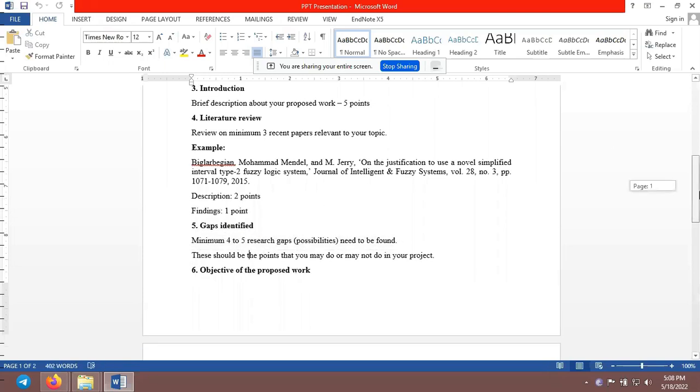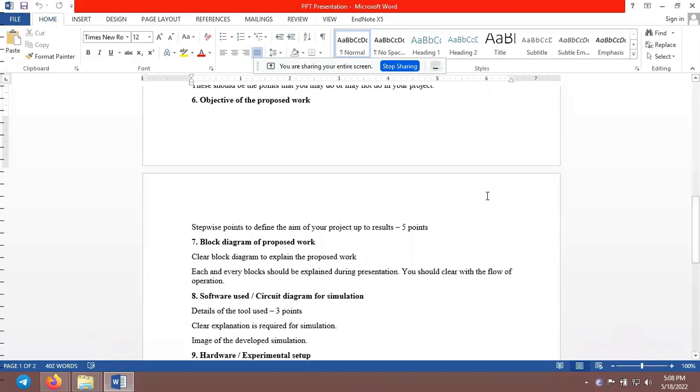Next one is the objective of the proposed work. This is the most important slide in your overall presentation. Objective of the work: what you are going to do or what you have done in that work. Give stepwise points defining the aim of the project until the results. What is the domain, what is the problem, how you can solve that problem, and what results you have obtained.